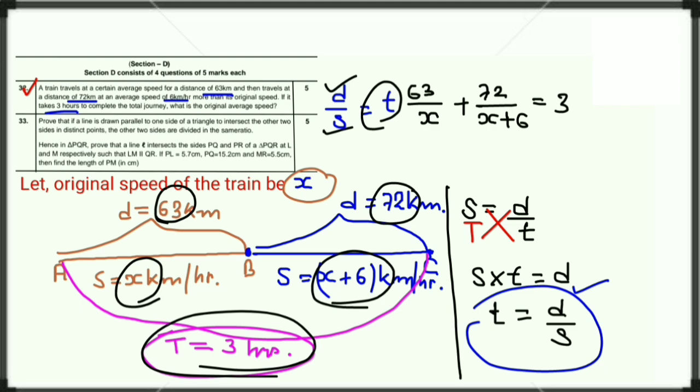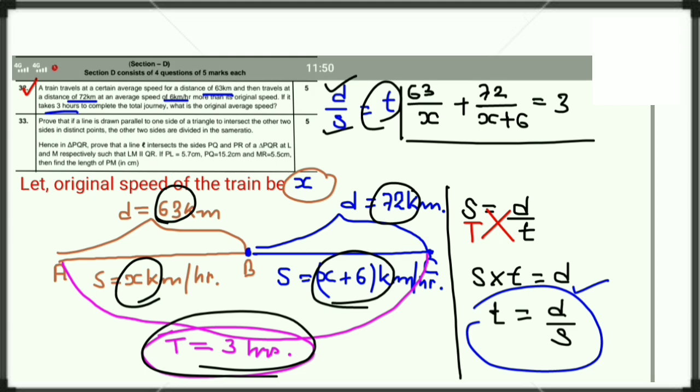Students, in this way we have made an equation. Now let's solve this equation.